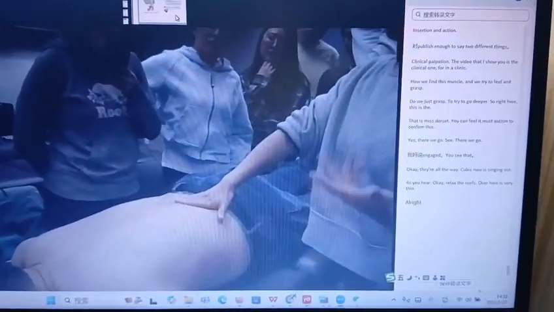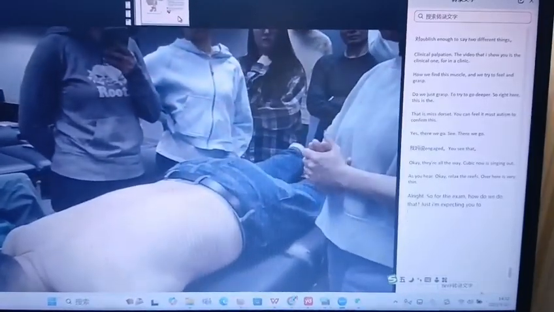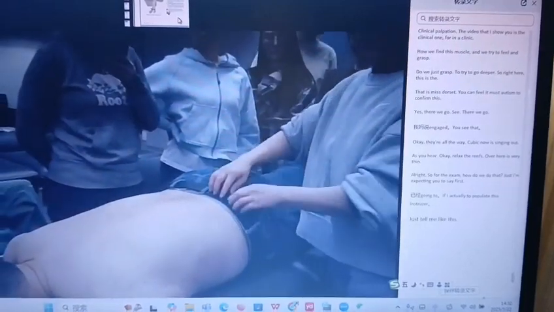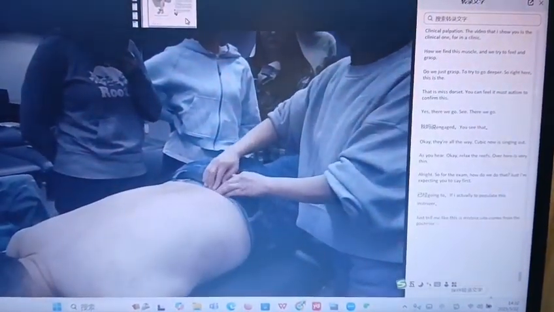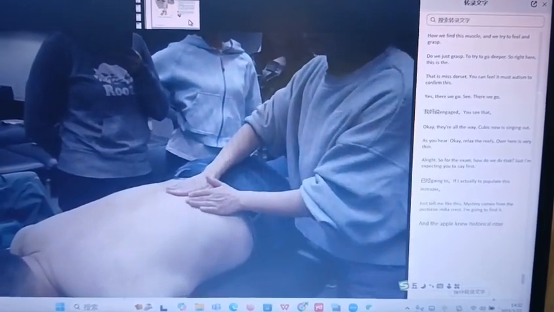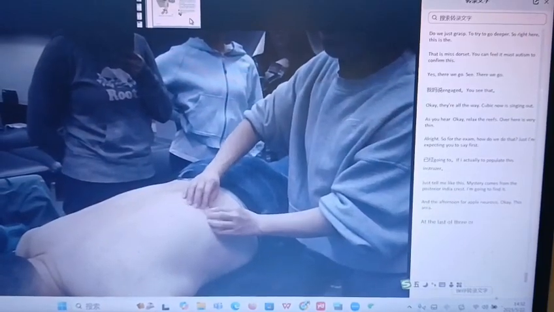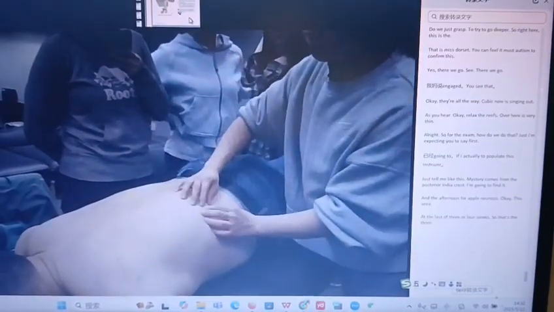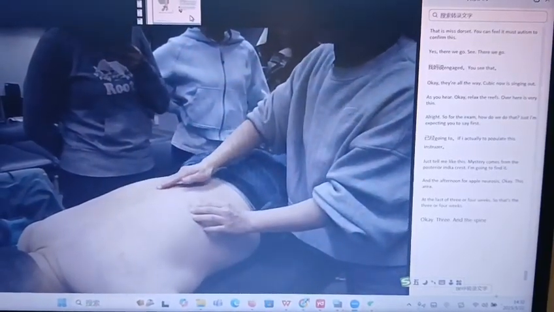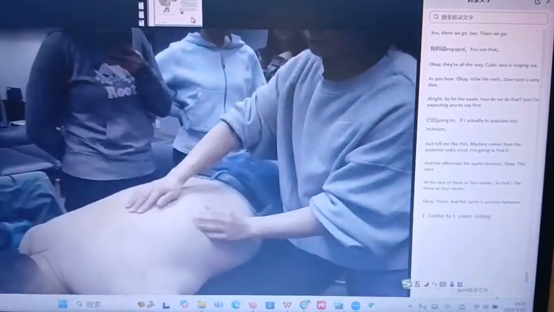All right. So for the exam, how do we do that? I'm expecting you to say first, if I actually palpate latissimus dorsi, just tell me latissimus dorsi comes from the posterior iliac crest, I'm going to find it, and the thoracolumbar aponeurosis, this area, and the last 3 or 4 ribs, and the spinous processes between T12 and T7, so the inferior angle area.